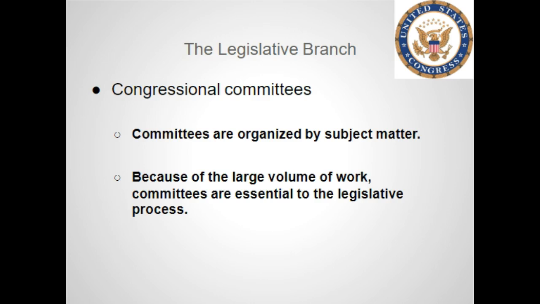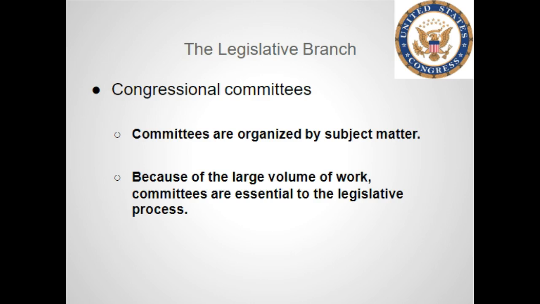Congressional committees. Congress is organized by committee, and what committees do is they're divided up by subject matter. So you have committees that look at the Defense Department or defense authorization, so our national security. You have the Department of Homeland Security, and so you have a committee on Homeland Security in both the House and the Senate.